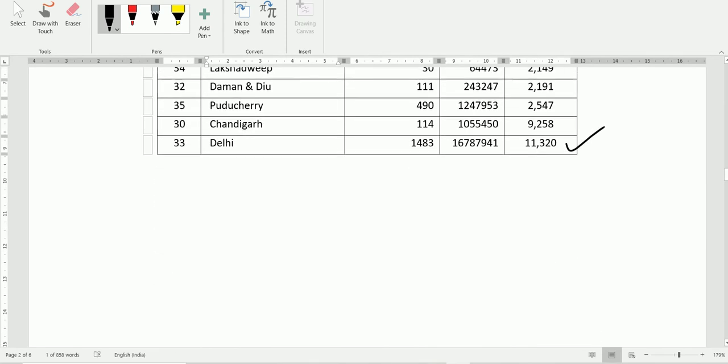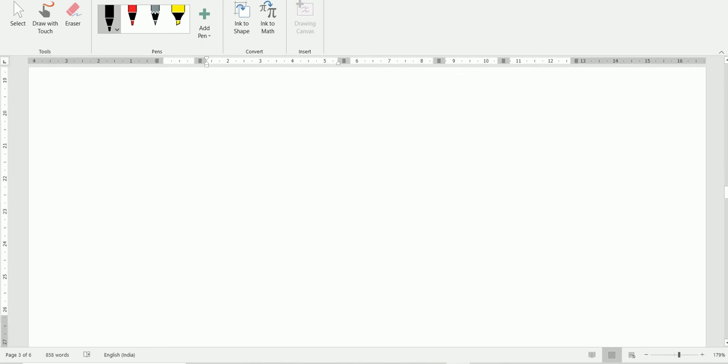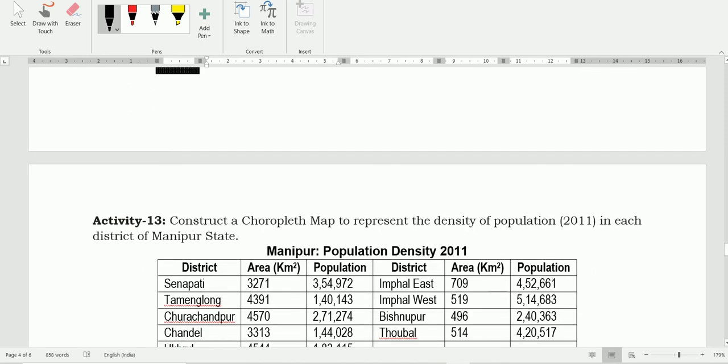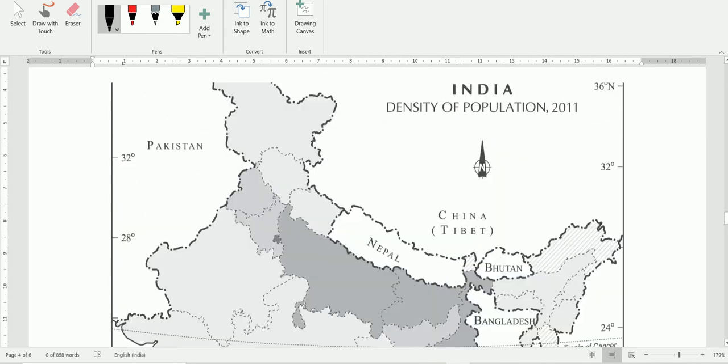And actually after this we have to determine these categories, the classes, as you see here. How to determine these classes?